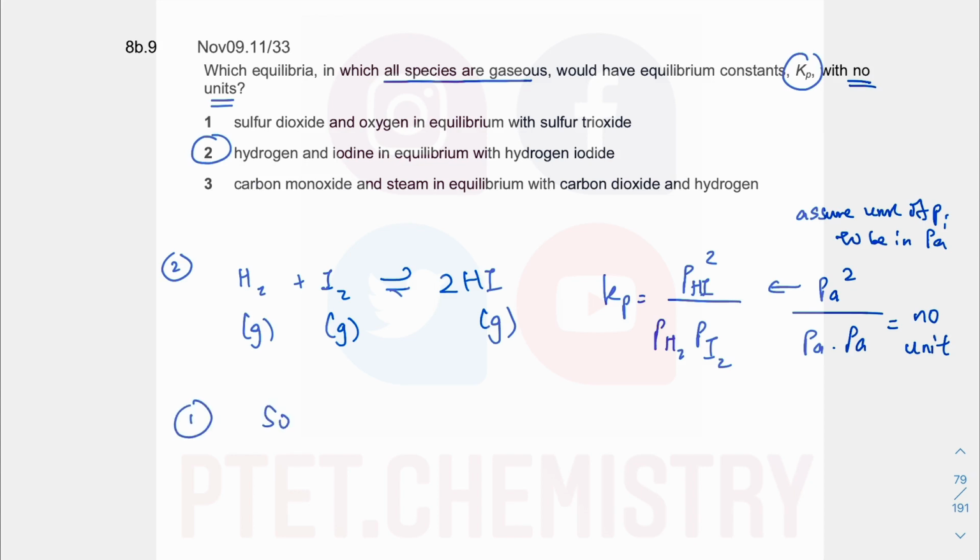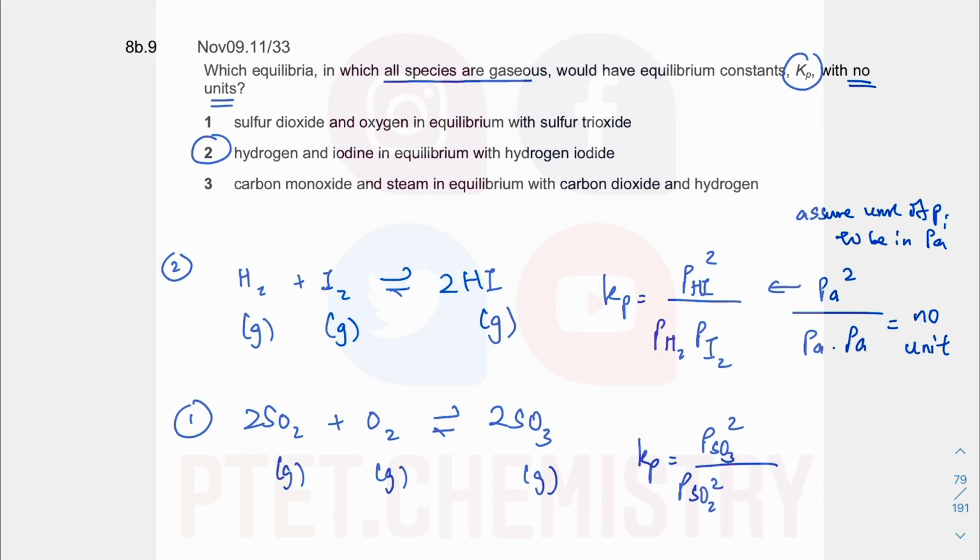Number 1, when you have SO2 plus O2 in equilibrium to give you SO3. So that's gas, gas, and gas. Don't forget to balance the equation: 2 of it, and 1 of it. So your Kp is P of SO3 squared over P of SO2 squared and P of O2 to the power 1, because there's just 1 in front of O2 when you balance the equation.